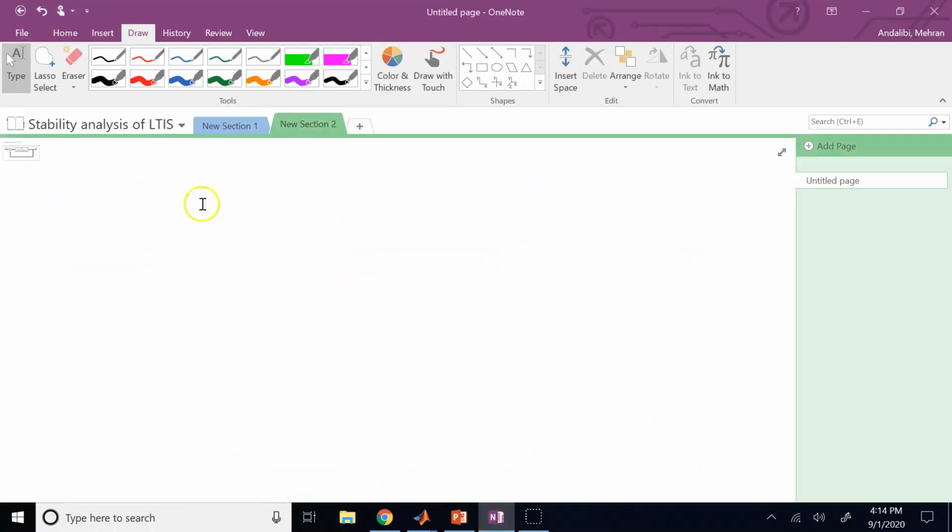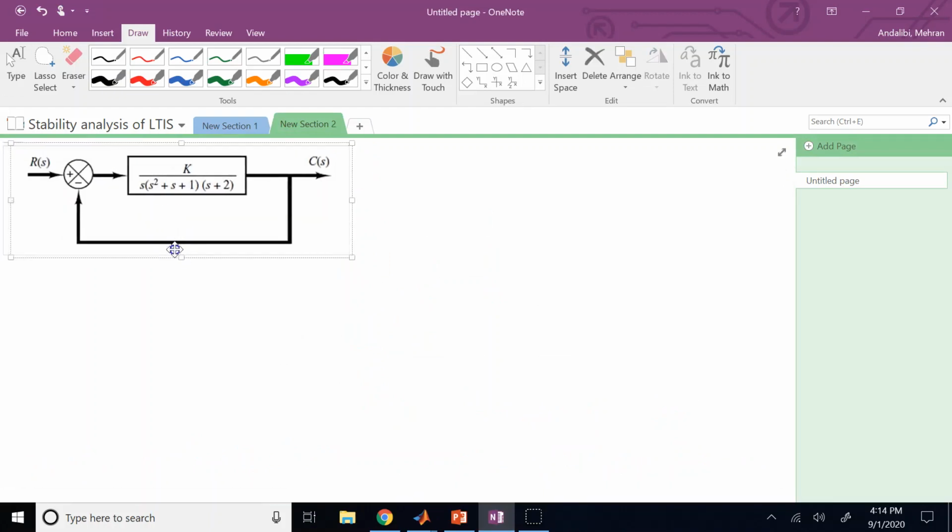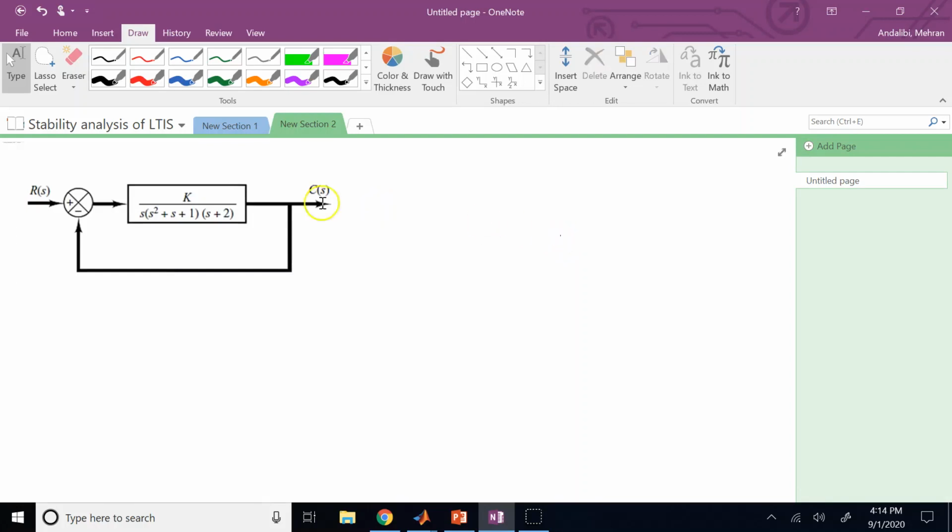This is the other problem I want to solve for you. This is my system, and there is no transfer function in the feedback, so h of s is 1, and this is g of s. There is no sensor or feedback transfer function.